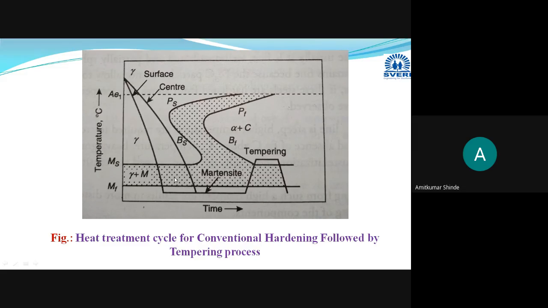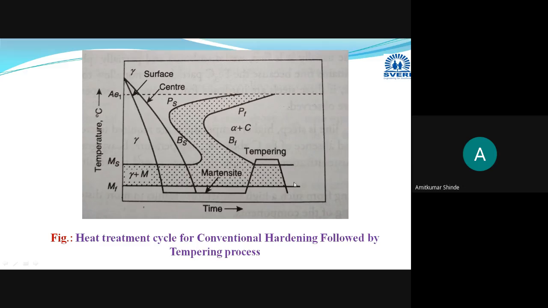Due to this very fast cooling rate, some internal stresses will get developed in the component, and to eliminate those internal stresses, we have to perform one heat treatment process, and that heat treatment process is indicated by this curve.